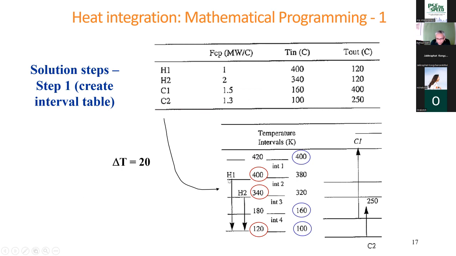And between the intervals, we can see hot stream H1 goes from interval 2, H2 goes from 3 to 4, and similarly C1 goes from 3 to 1, and C2 from 4 to the middle of 3. So once this is done, we need to calculate the energies within all these intervals.